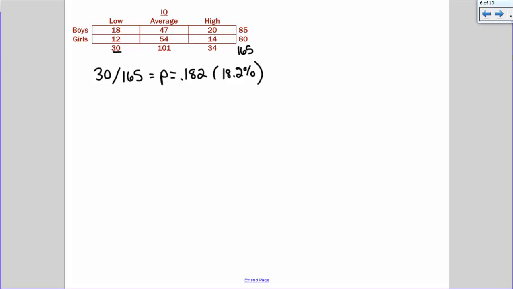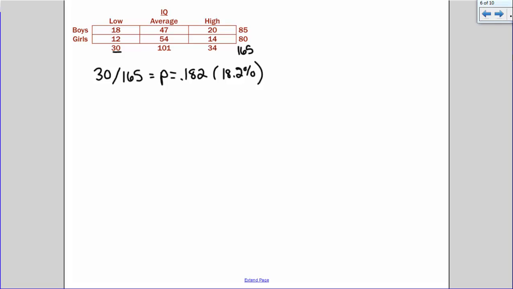If 30 out of 165 children in our sample have a low IQ, that means 18.2% of our sample has a low IQ, and we would expect 18.2% of the boys and 18.2% of the girls to have a low IQ.